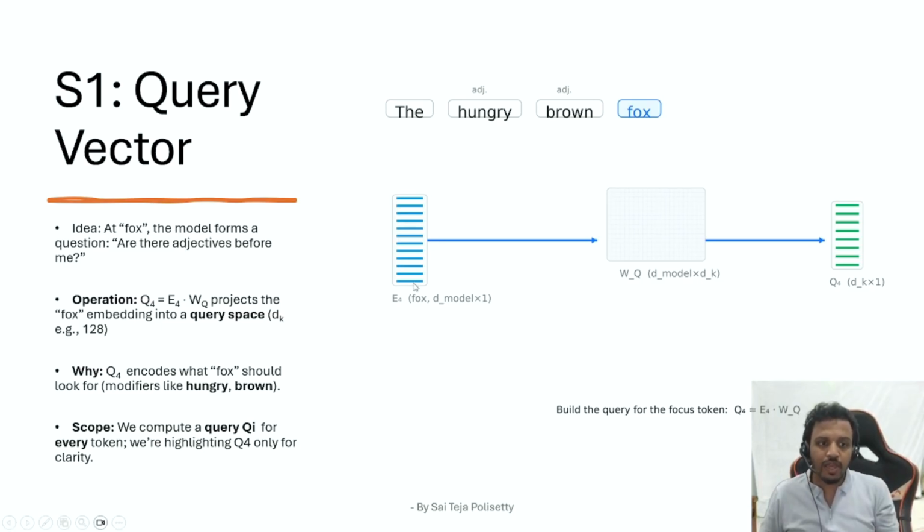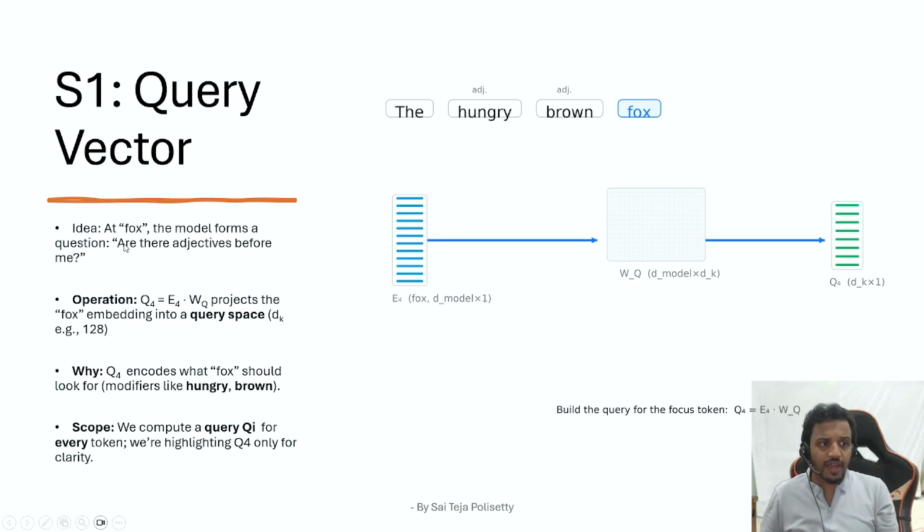So when we multiply the embedding with the question matrix, we get the question vector. Instead of question, we'll use the term query. So on multiplying the embedding of a word with the query matrix, we get the query vector. Now there are 10 words. Will I ask the query only to the word fox? No. I'll ask the same query to all the words.